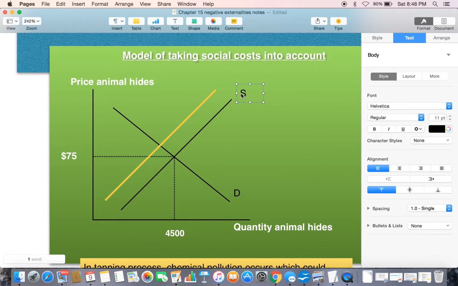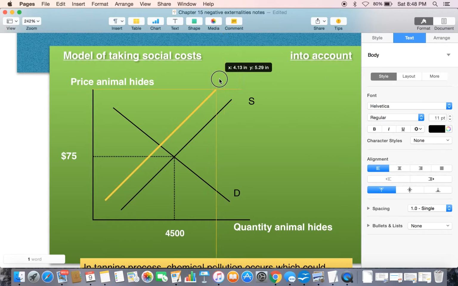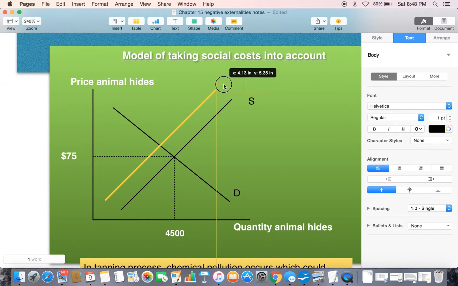Therefore, if all of the individual firms in the industry are going to have to reduce the amount they are producing, we know this would reduce the supply, because the supply curve is the horizontal summation of the individual supply curves for each firm, summing to create the industry supply curve. So supply would be reduced, and what would happen is we would now have a higher price being charged and less quantity of animal hides being produced.